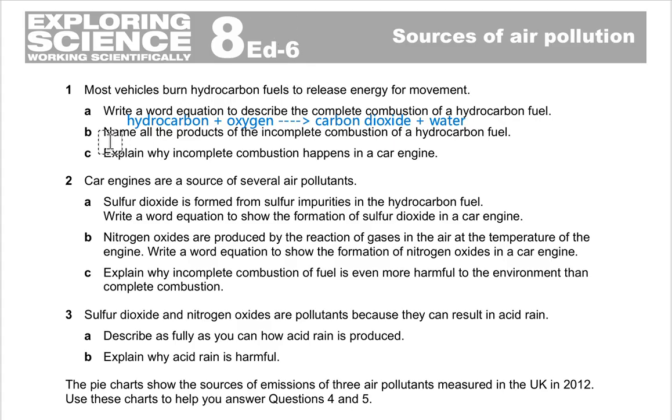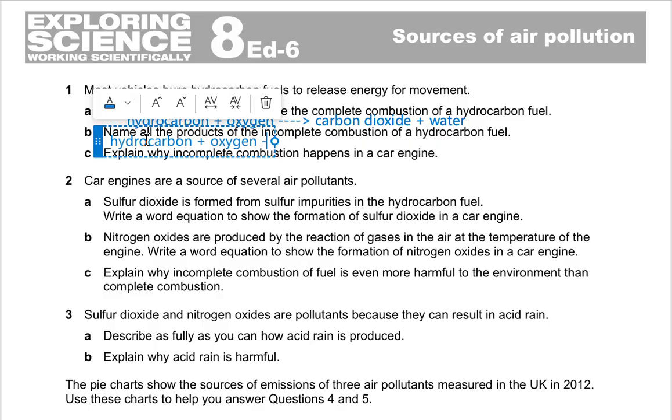So here you can write the word equation also. Then you will remember it. Hydrocarbon plus, what is it reacting with? Oxygen. And what does it produce? Carbon dioxide will be produced. Then carbon monoxide.